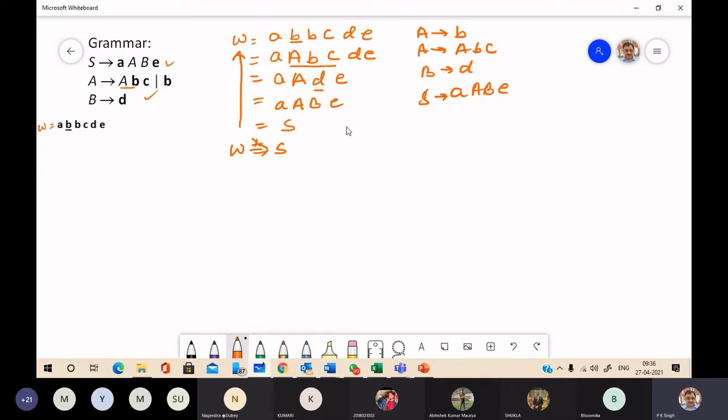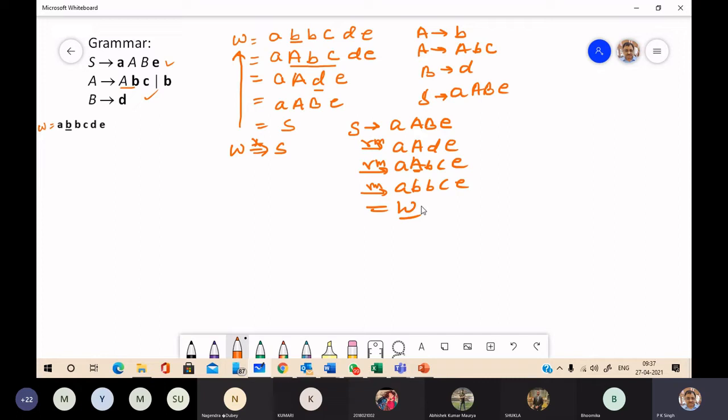You can see S to A, B, E. Then the next rightmost non-terminal B gives A, D, E. Then the rightmost A to A, B, C, E. Then again the rightmost non-terminal, A, B, C, E, which is nothing but the rightmost derivation.